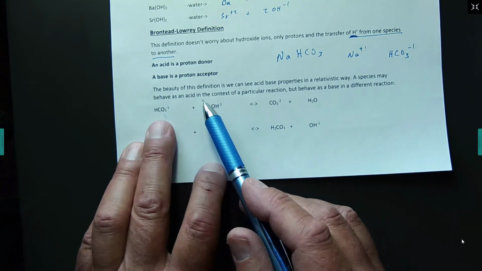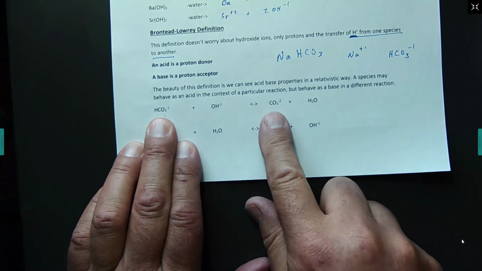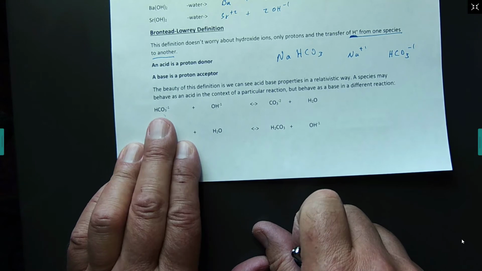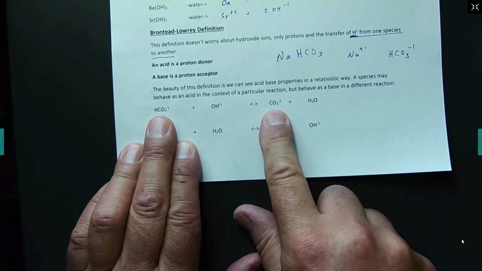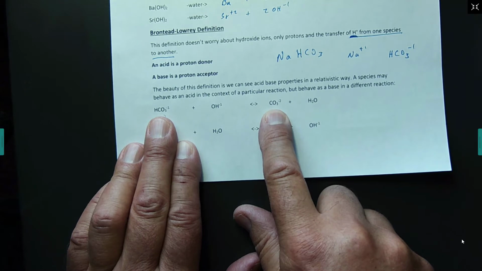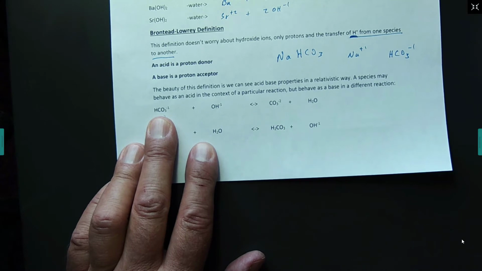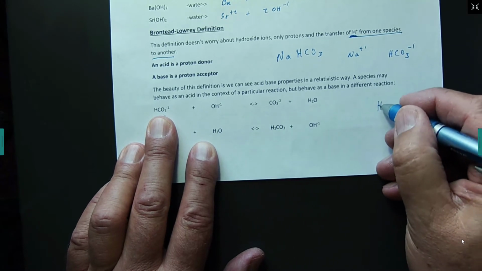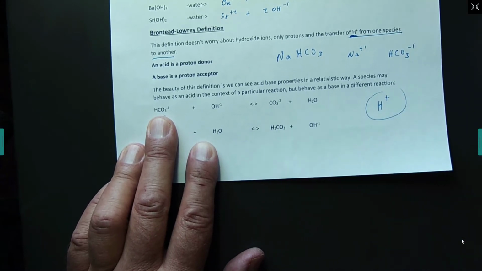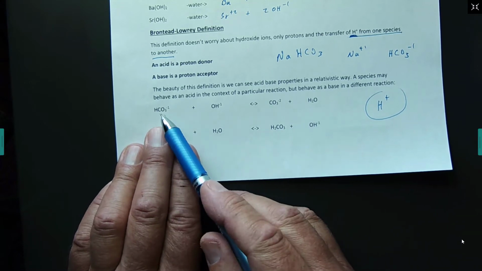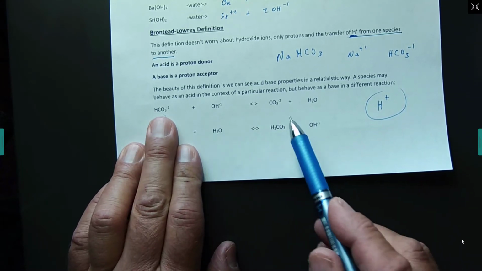Notice when that happens, you go from being bicarbonate to carbonate. The only difference in those two formulas is a difference of one lousy proton. So what you've done is you've transferred a proton. Moved the proton from here to make this.